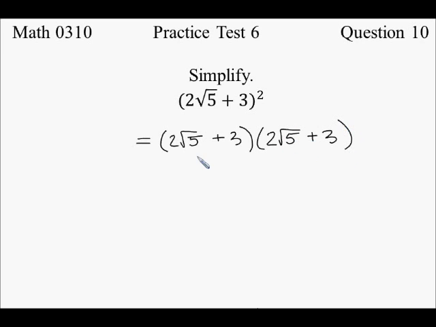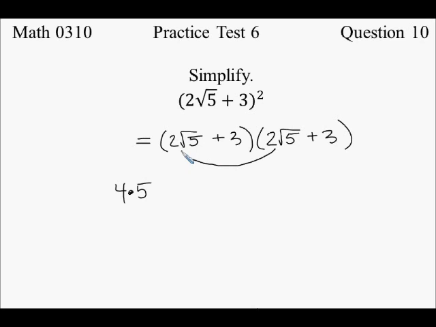And so now we want to distribute, or FOIL, these into each other here. So we look at 2 square root 5 times 2 square root 5. Well, the 2 times 2 part would give us 4. And the square root 5 times the square root 5, that would just give us 5. So we get 4 times 5 for our first term.